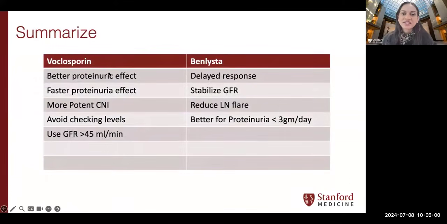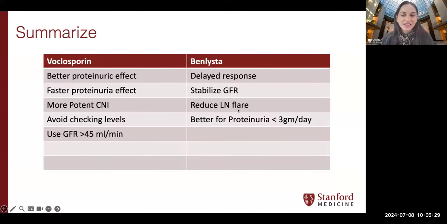So to summarize the two new drugs that we have, voclosporin has a better proteinuric effect, a faster effect. It's more potent. We don't have to check levels, but because it affects creatinine, usually you want to have a higher GFR, so it may not be that well tolerated in some of the patients that already have progression of disease. Benlysta has a little bit more of a delayed response. It actually does stabilize GFR pretty significantly, which is exciting.